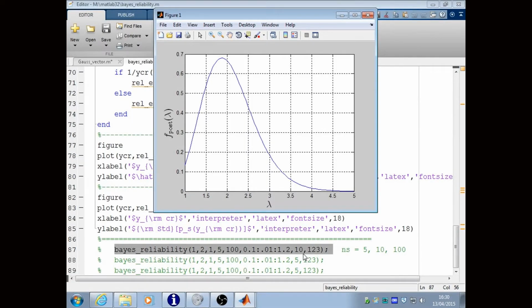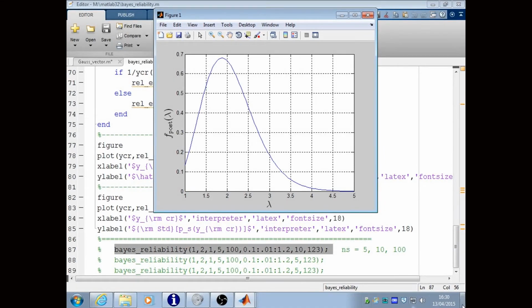And this is the posterior density. This is the true value of lambda I'm using for generating samples. It looks pretty decent in the sense that the peak of this posterior distribution is very close to the true value. But of course, there's quite a bit of spread.